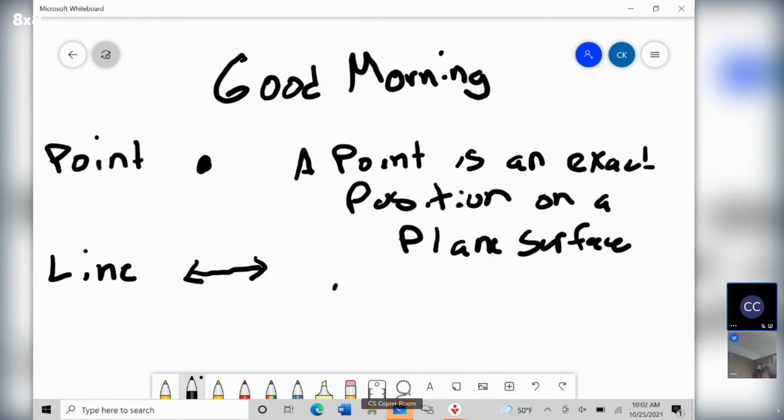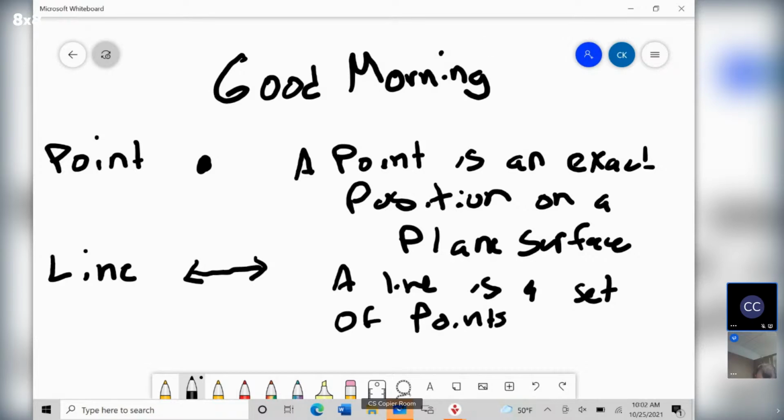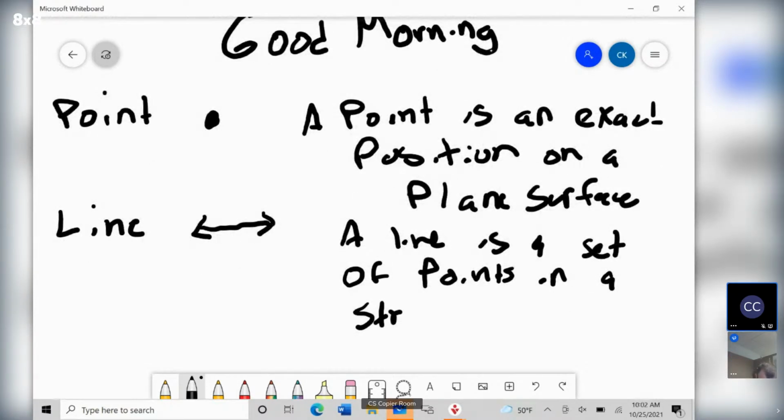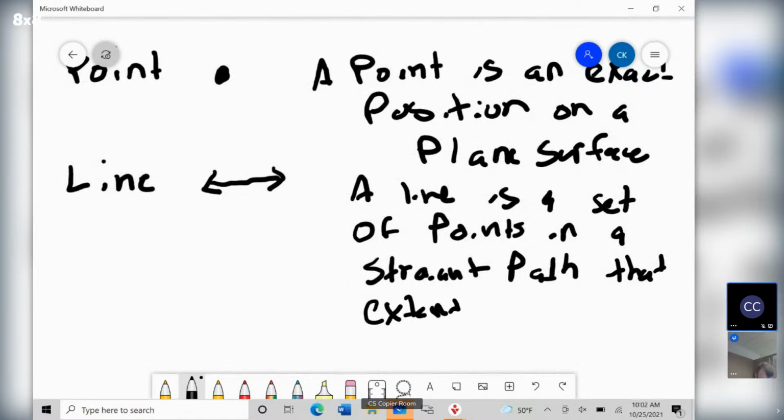And it says a line is a set of points in a straight path that extends in opposite directions without ending.